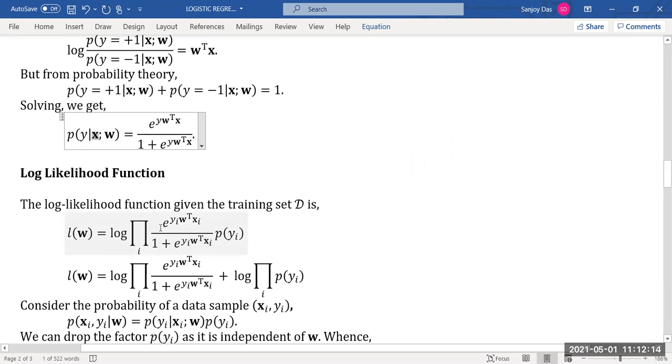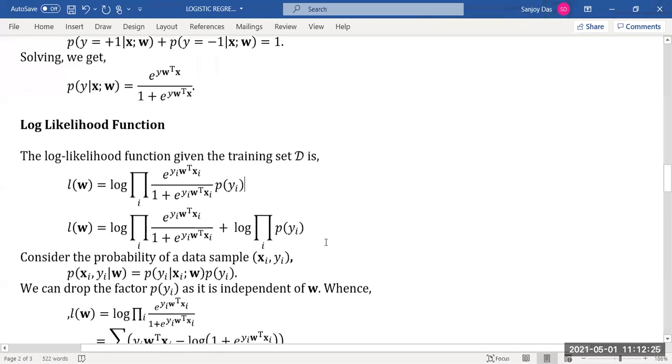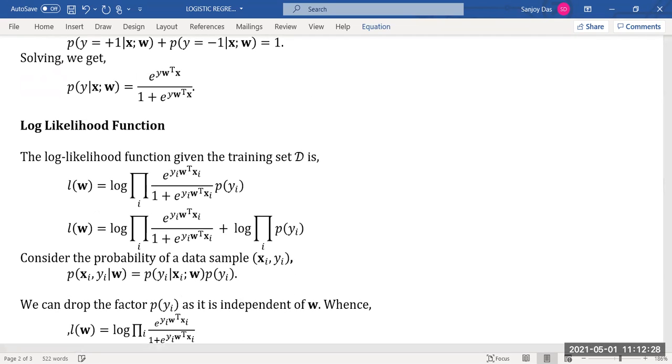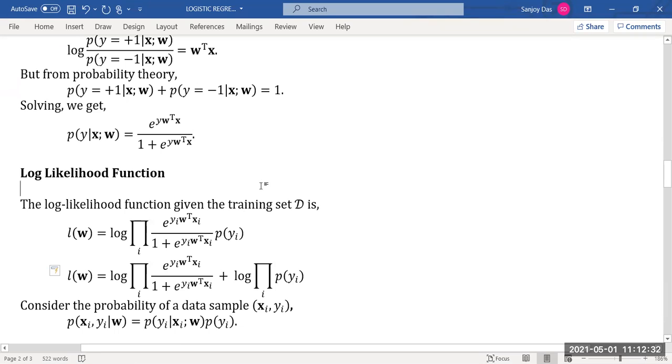We would get this as a probability, right? P of yi given xi, w is equal to this. Maybe I can rewrite this so that it's clear to you.